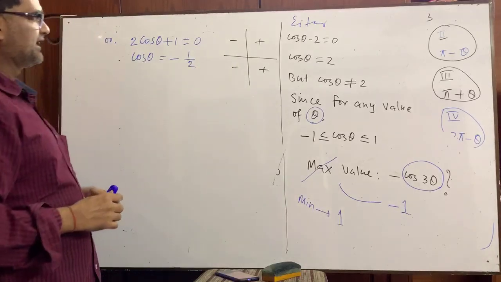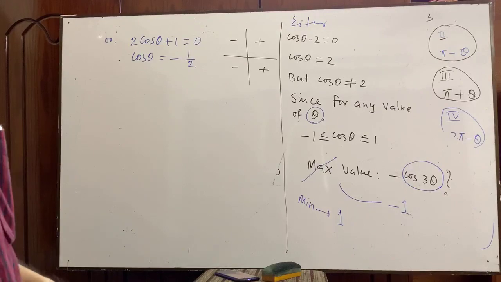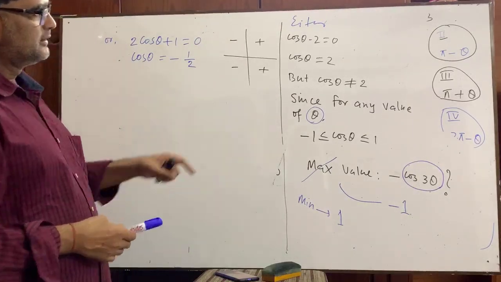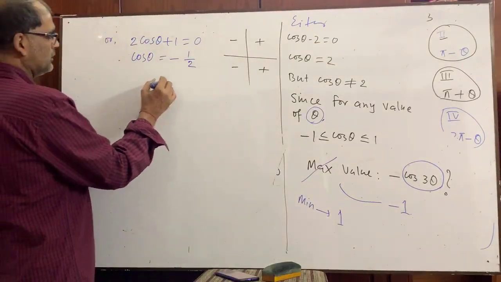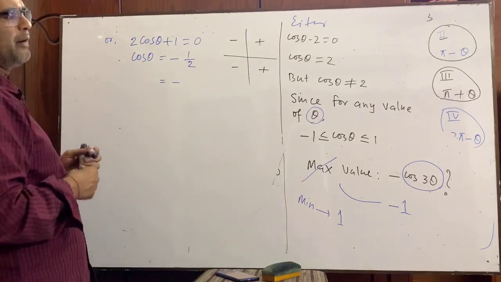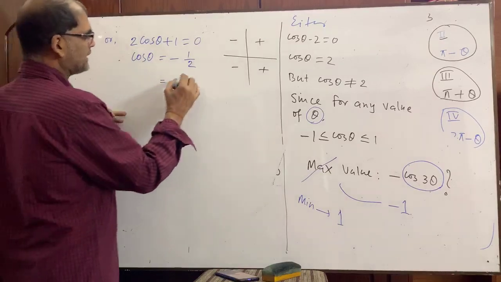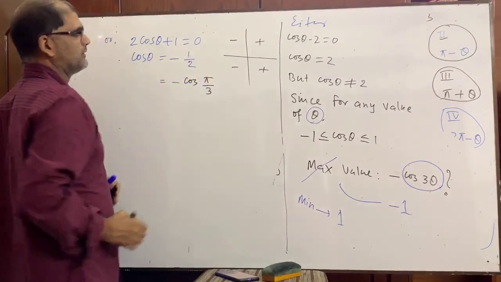Cos theta is negative in the second quadrant and third quadrant. Now, what I told you for second quadrant, pi minus theta, right? Before that, you write down, this is minus half. Half means what? 60 degree, right? 60 degree is pi by 3. Write down cos pi by 3.